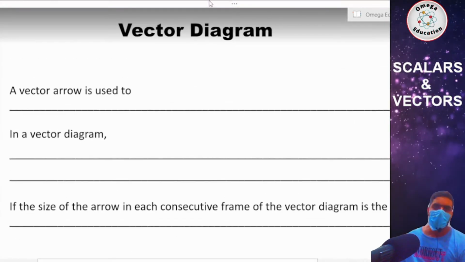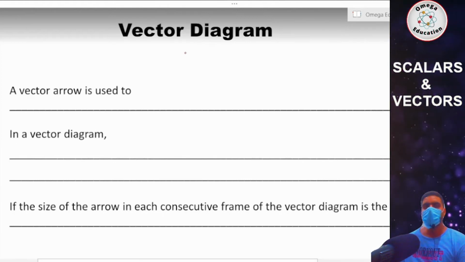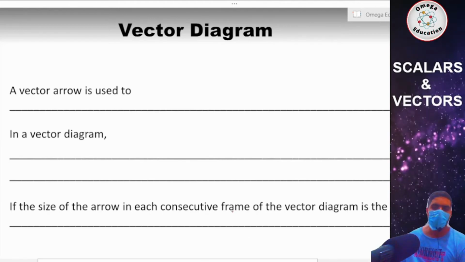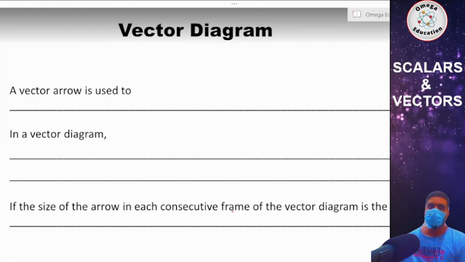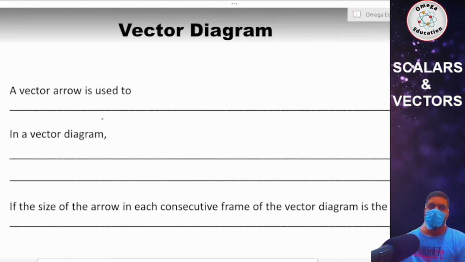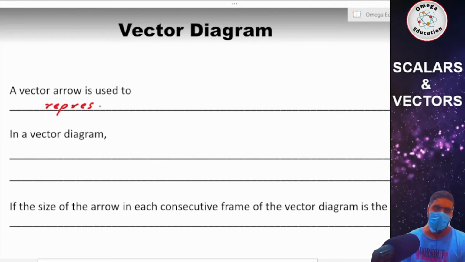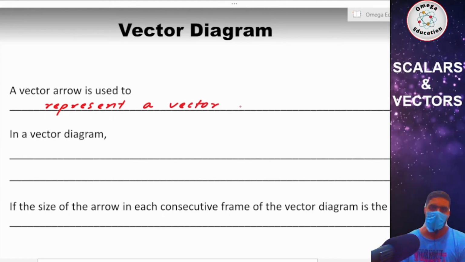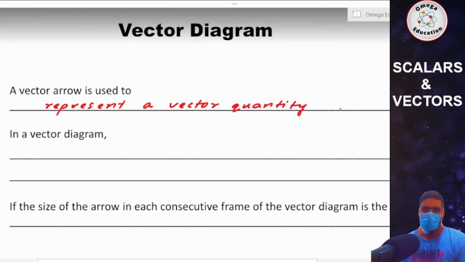The next thing is the vector diagram. Like in the graphical representation, I said vector quantities are represented by a straight line with an arrow. So they have a graphical representation. So a vector arrow is used to represent a vector quantity graphically.